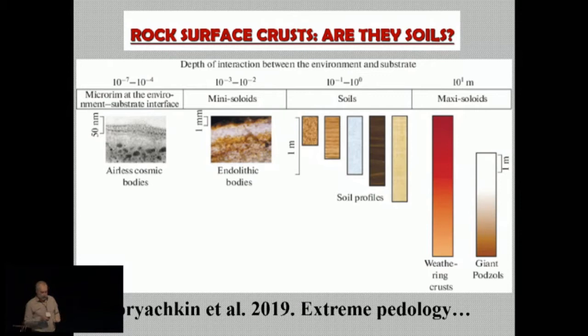I would like to present here this work of Sergey Goryachkin and his co-authors, among them Viktor Targulyan, whom you all know, on the general classification of the objects which appear on the surface as a product of interaction of the environment and the lithosphere, and these crusts on rock surfaces appear here under the term mini-soloid.